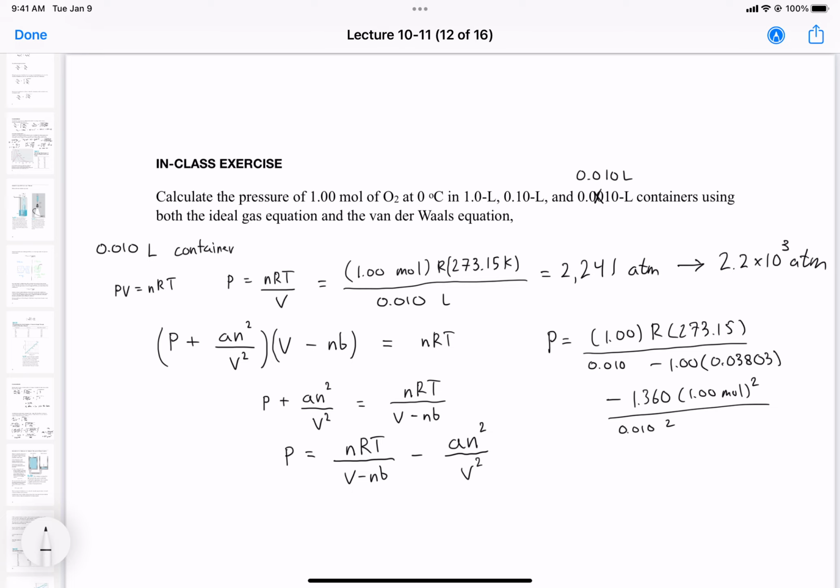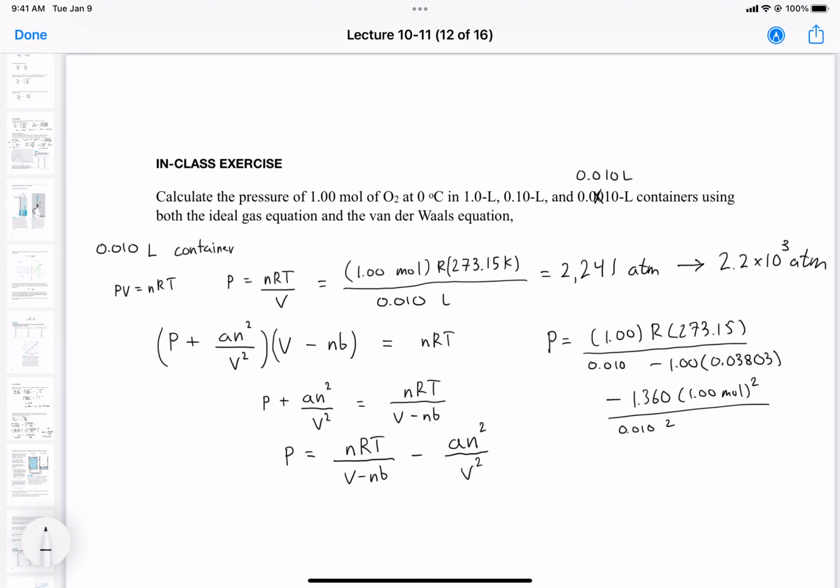Now I think I did something wrong because the value here is very weird. Okay, 0.3803.